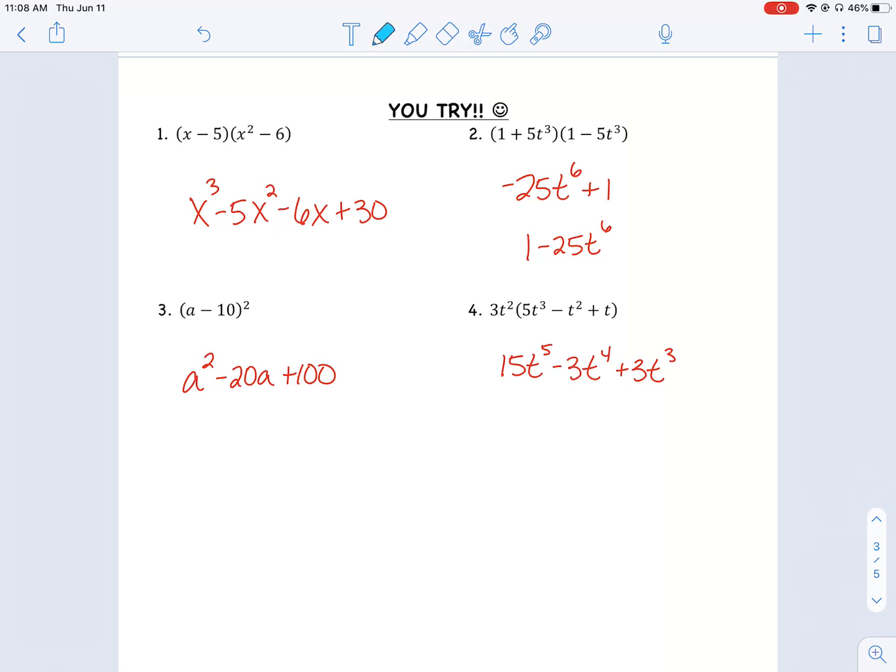On number 2, you could either write it in standard form or when you FOIL out or distribute, it might look like this with the 1 minus 25t to the 6th. Either one of those answers are acceptable as long as your 25 is negative and as long as your 1 is positive. I would accept either one of those answers. Hopefully all your other answers, though, match mine, and you are good to move on to our next idea.